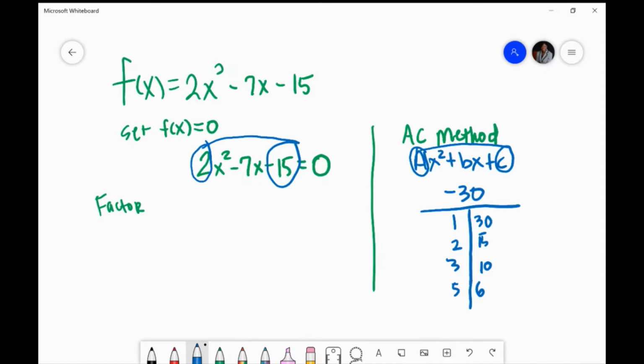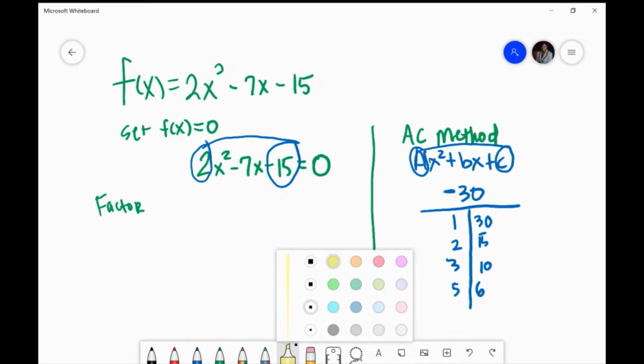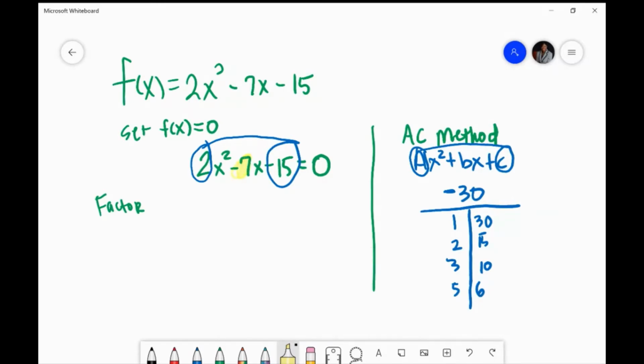Now, since it was a negative 30, we have to manipulate signs. We want factors that will multiply to give us negative 30, but add to give us negative 7. Is it going to be negative 10 plus 3? Yeah, that sounds good.